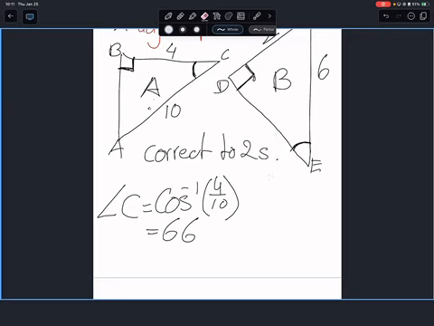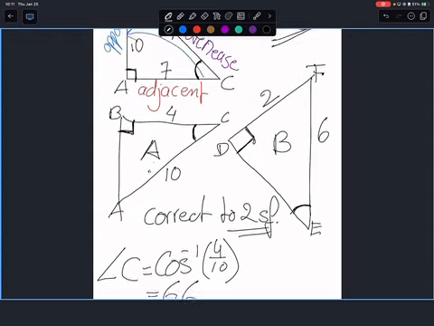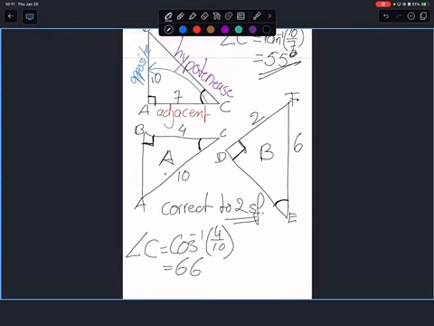I said correct to 2 significant figures. Your answer is not 66. Your answer is 66.42 and so forth.